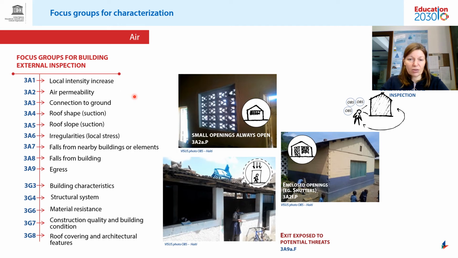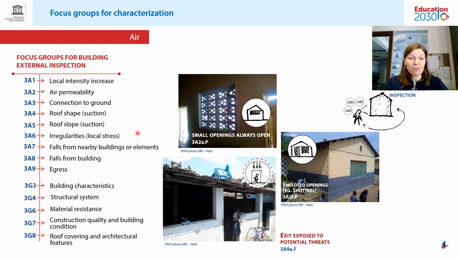Then it is necessary to understand the connection of the building to the ground, the roof shape that could cause suction, and the roof slope that also concurs to the suction issue. The presence of irregularities in the shape of the building could cause local increases of the air action, and consequently local stresses in the structure.